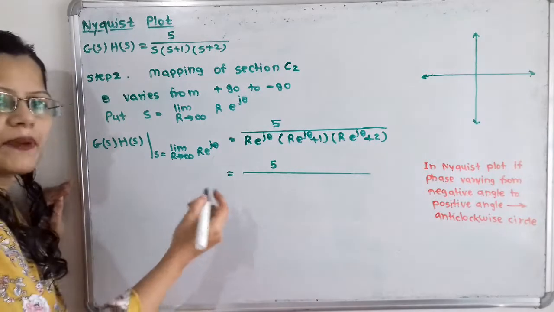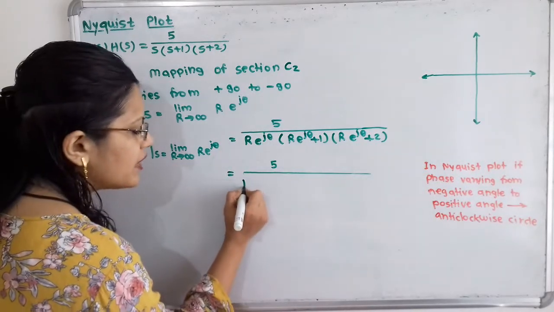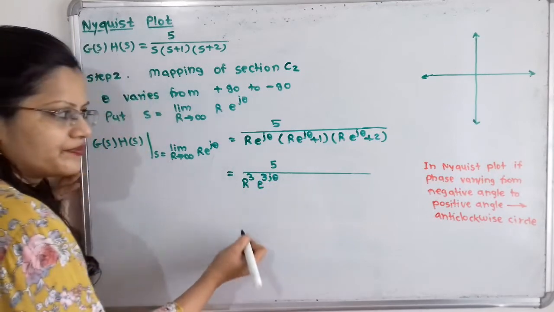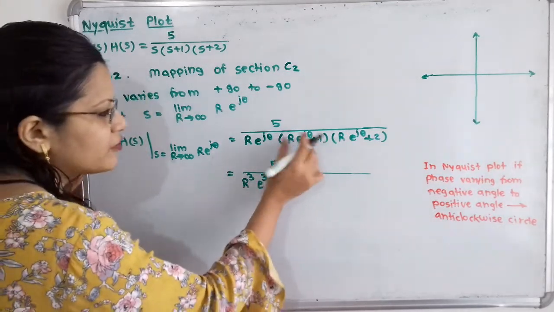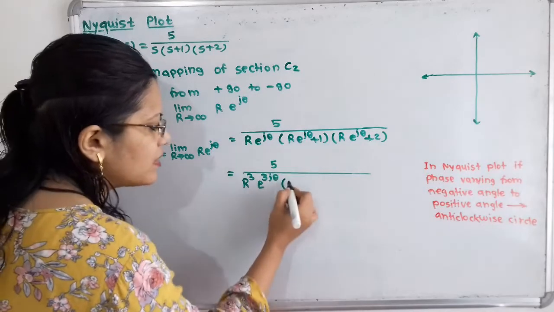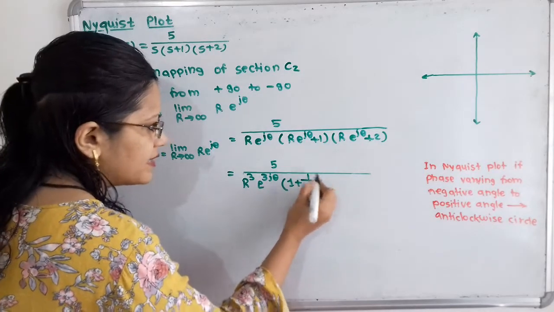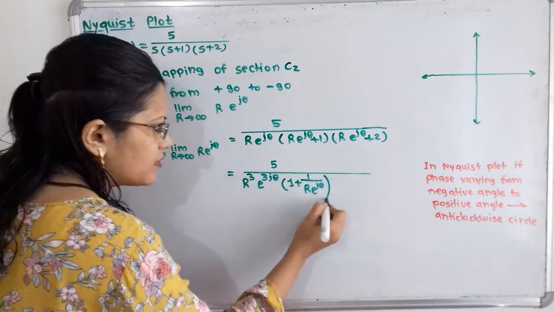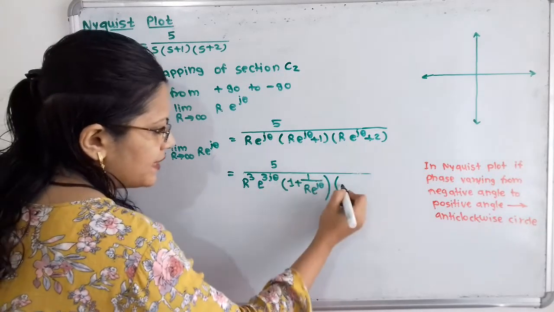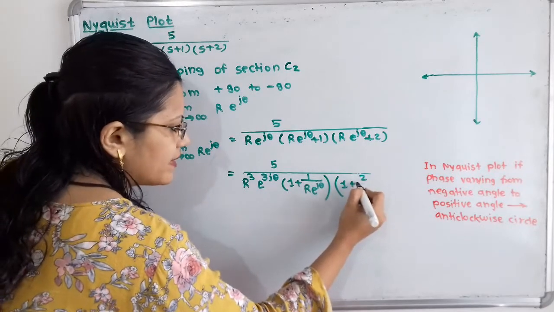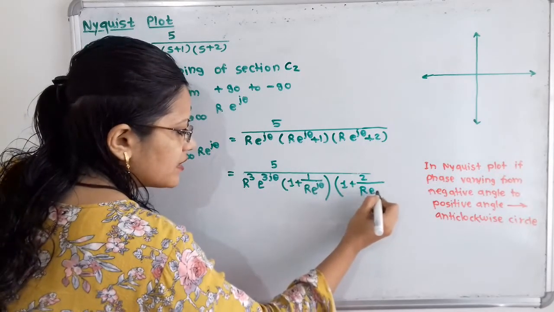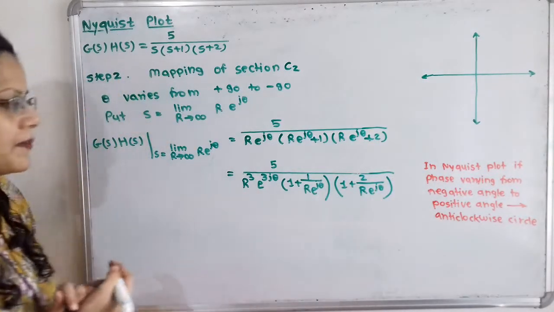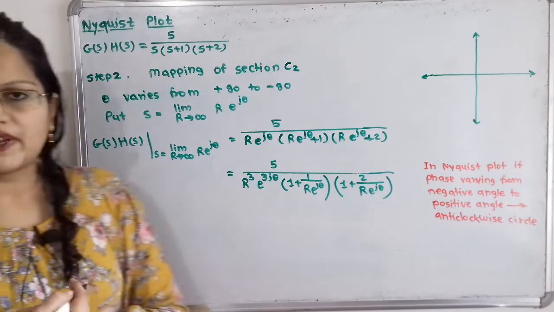So if we multiply all these terms, then it will become r cube e raised to 3j theta. Now here if we take common, then in this bracket 1 plus 1 divided by r e raised to j theta, this bracket complete. Now in the second bracket 1 plus 2 divided by r e raised to j theta, this bracket is also getting completed. So this is the simplified form.